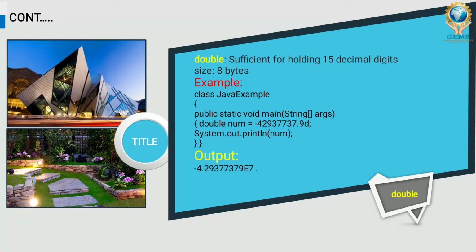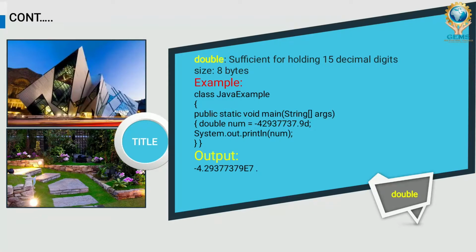So float is 4 bytes and is able to store 6 to 7 digits, but double is long, it means 8 bytes, and it will store decimals up to 15. Example: public static void main String args, double num equal to, just look at here, many numbers are there. What is the output? 4.29377737.